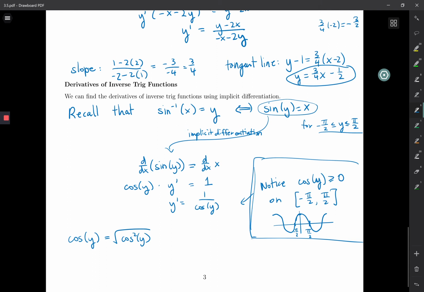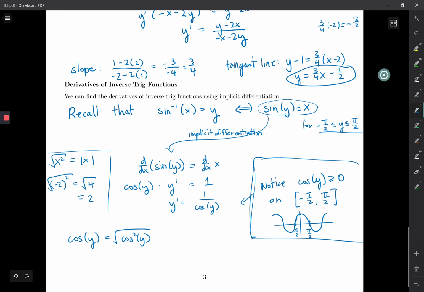And hopefully you remember that when we take a function, square it, and take the square root, what we get is the absolute value of that. So if we take a number, square it, and then take the square root, we get the absolute value of that number. You could check, say, with minus 2: if we square that and take the square root, we get the square root of 4, which is 2.